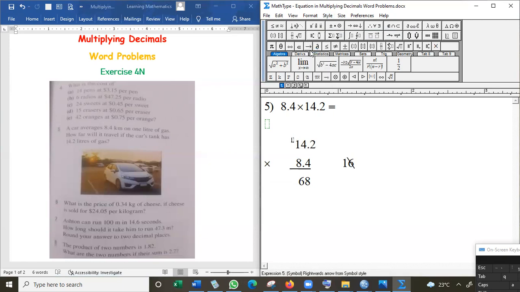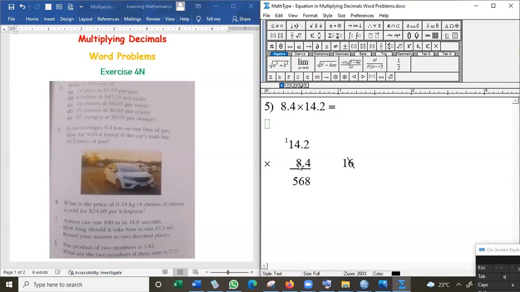And then 4 ones are 4 plus that 1 will give us 5. So let's go over that again. 4 twos are 8. We write down the 8. 4 fours are 16. We write down 16 there. Bring down the 6. Carry that 1 up there by that 1. 4 ones are 4 plus 1 will give us 5.